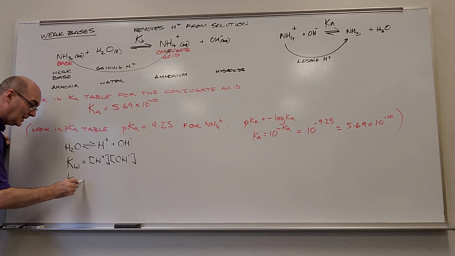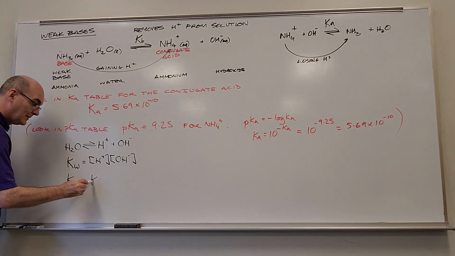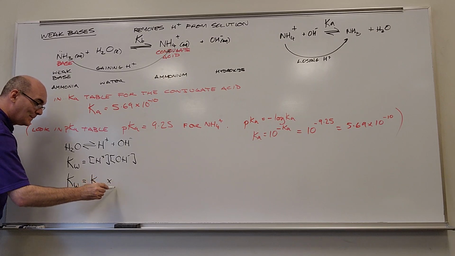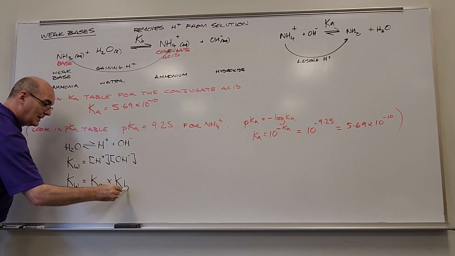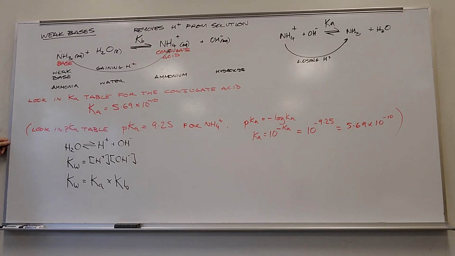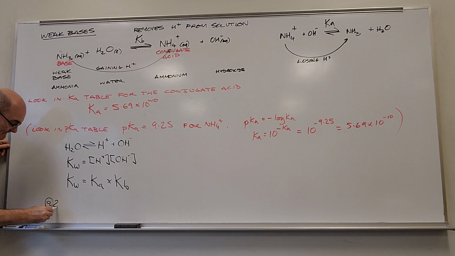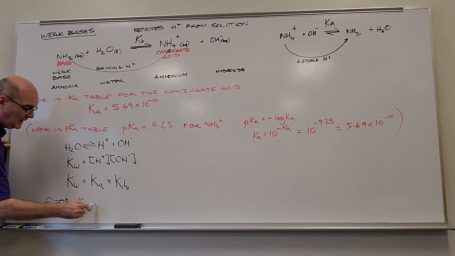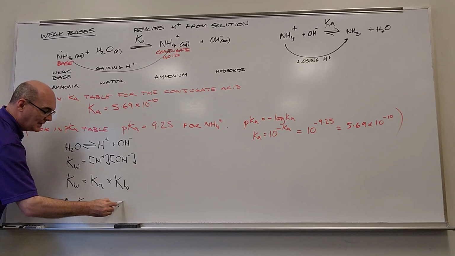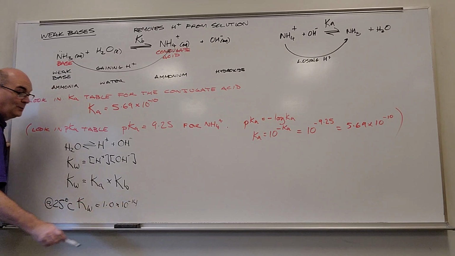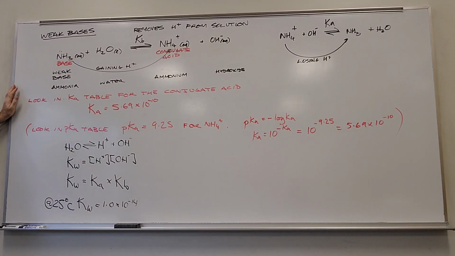Kw is equal to Ka multiplied by Kb. And at 25 degrees Celsius, Kw is 1.0 times 10 to the negative 14. We have seen that that number can shift with temperature.